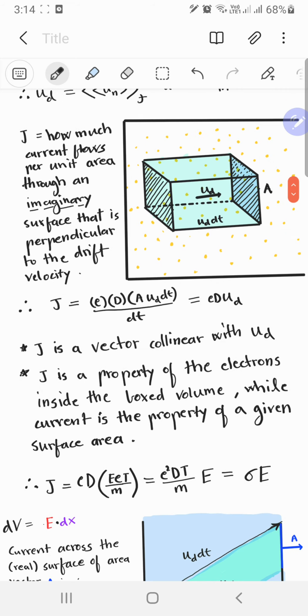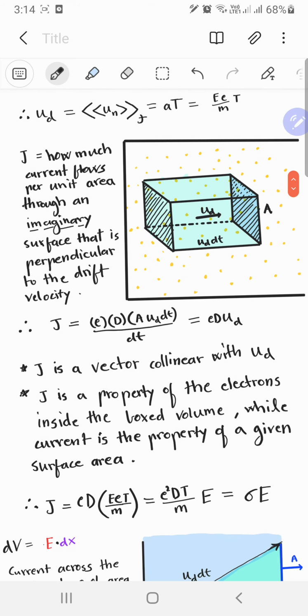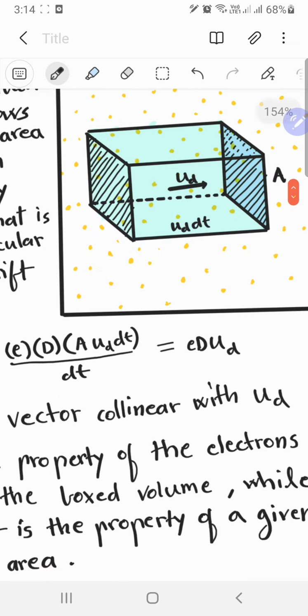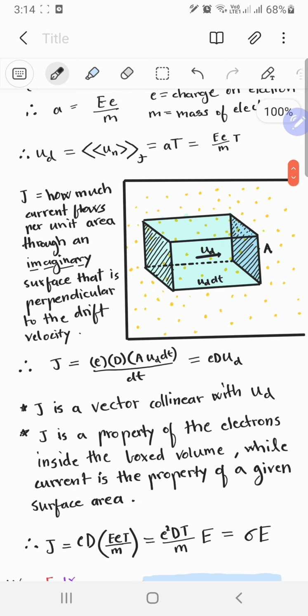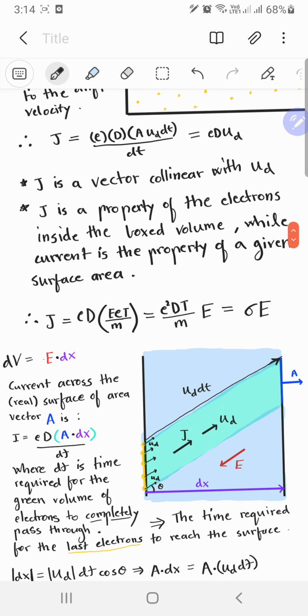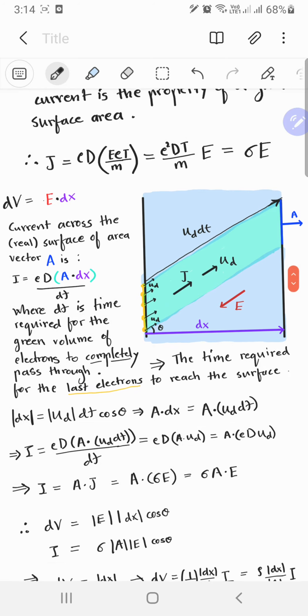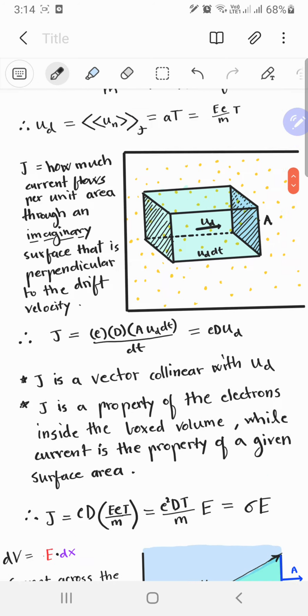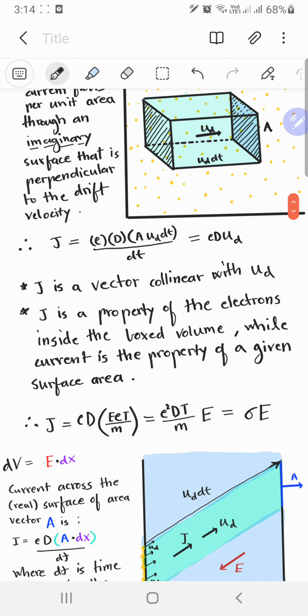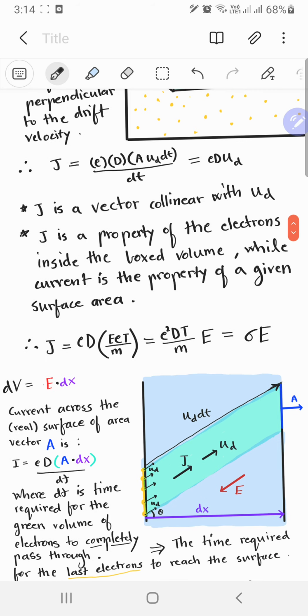So current in this derivation is a scalar, and current is the property of this A, this surface area. Right now this surface area is just imaginary, so we don't talk about the current right now. But if the surface area was not imaginary, if this was a real surface like in this diagram, then we would talk about the current. And current is basically how much charge goes through that surface per unit time. I think that's well known.